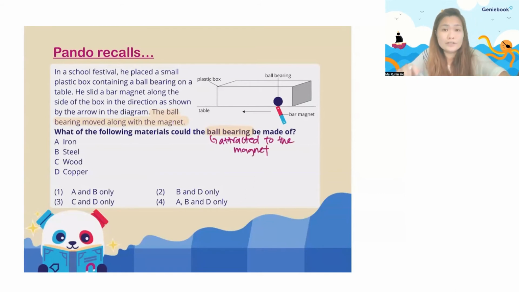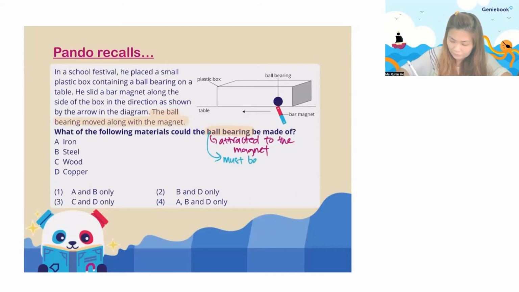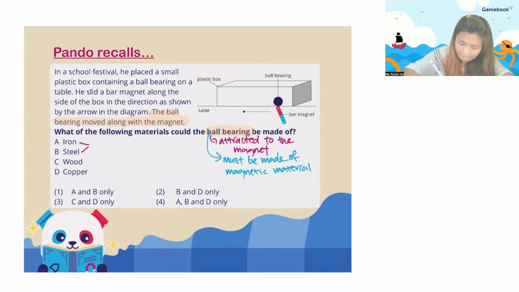In order to be attracted to the magnet, it has to be made of a magnetic material. Our magnetic materials are pretty obvious: iron and steel. These two are magnetic materials.